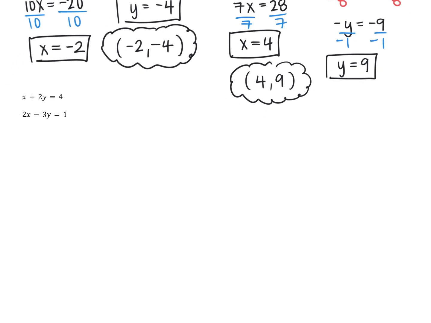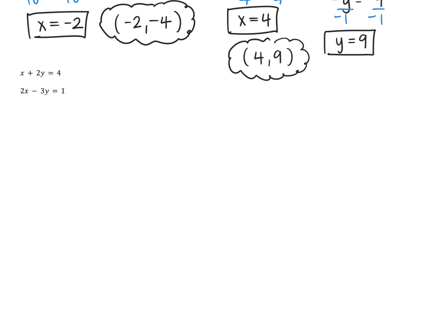So for our last example, we have x plus 2y equals 4, and 2x minus 3y equals 1. So in this case, my y's already have opposite signs, but I'd have to multiply both equations to eliminate y. My x's are not the same sign, but I can easily make a 1x a negative 2x by multiplying that first equation by negative 2.